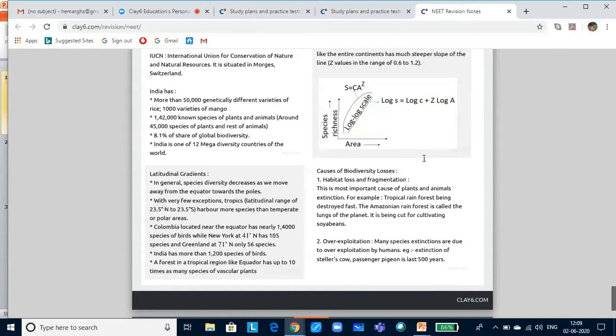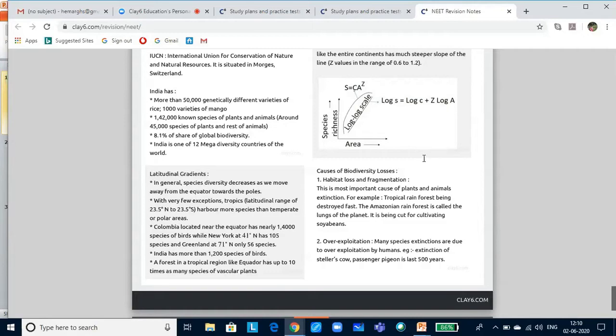Tropical environments are less seasonal, relatively more constant and predictable, which promotes niche specialization, leading to greater species diversity. And there is more solar energy available in the tropics, which contributes to higher productivity and in turn greater diversity.